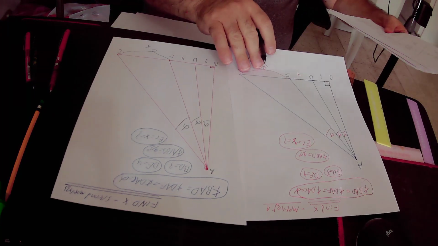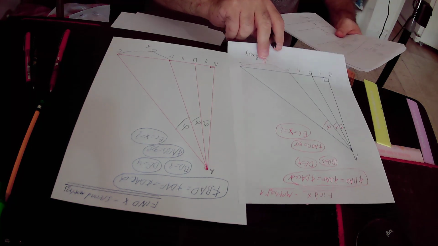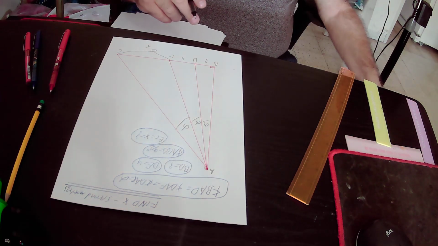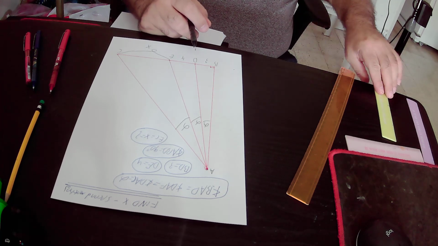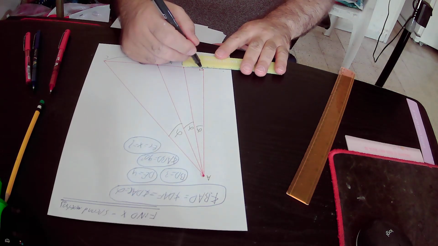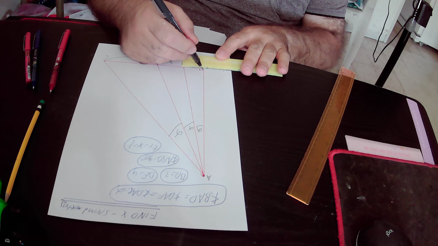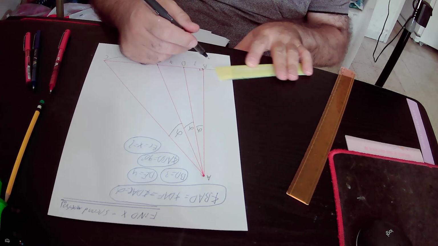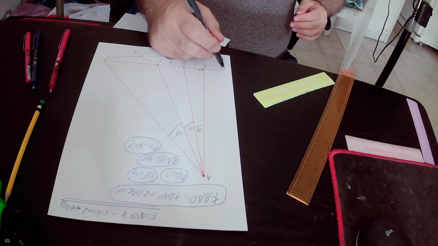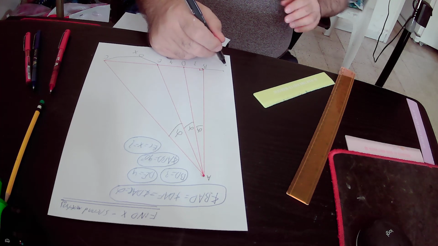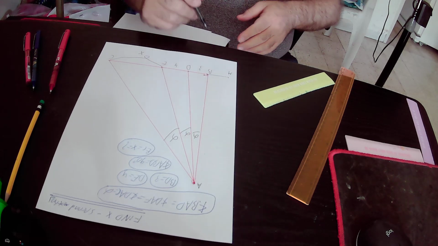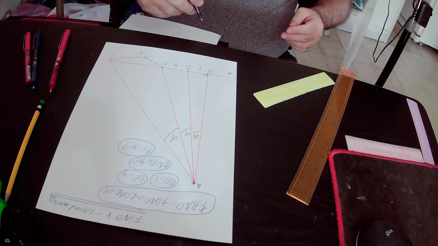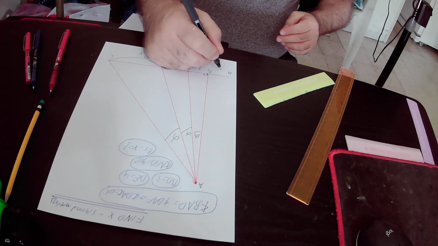So we will extend BD by 3 units. And we will define this point as point M. Actually, MB equals to 3 units because we extended BD by 3 units, therefore MB equals to 3 units.